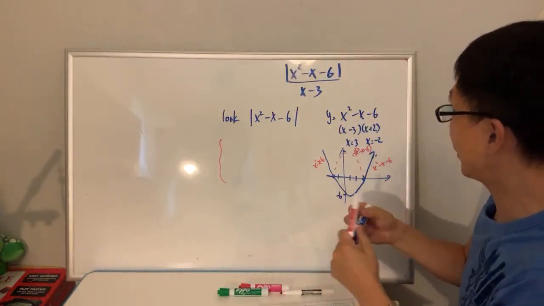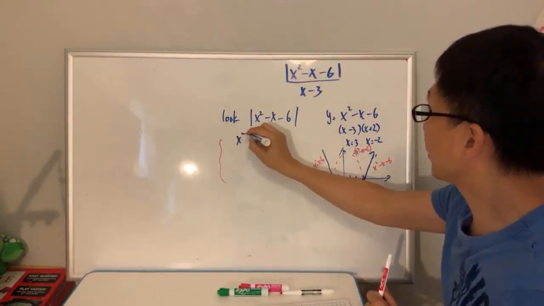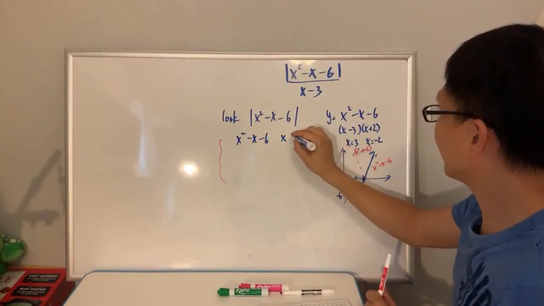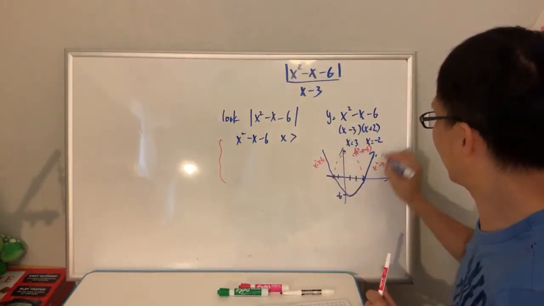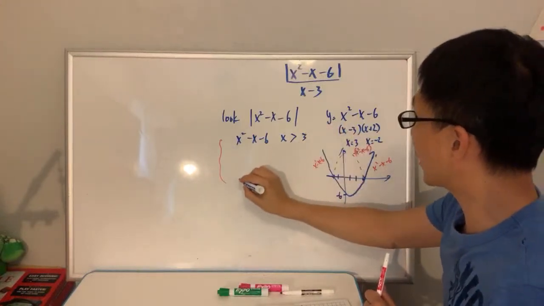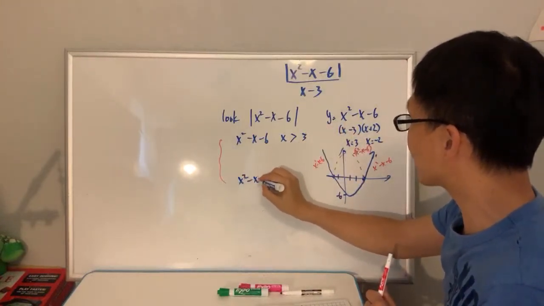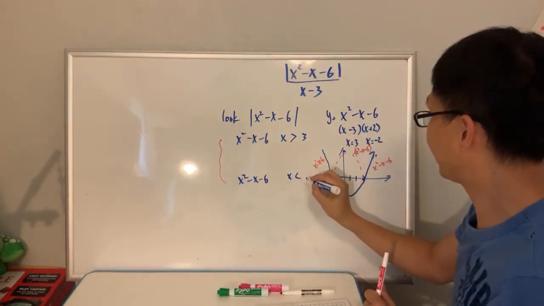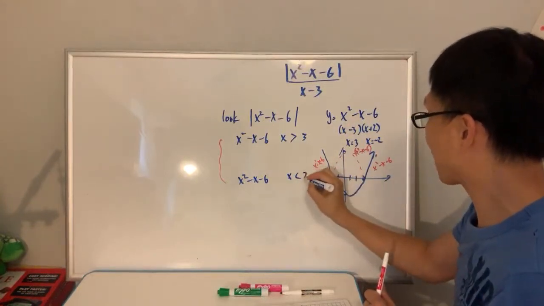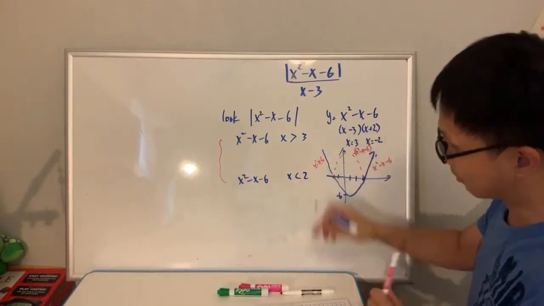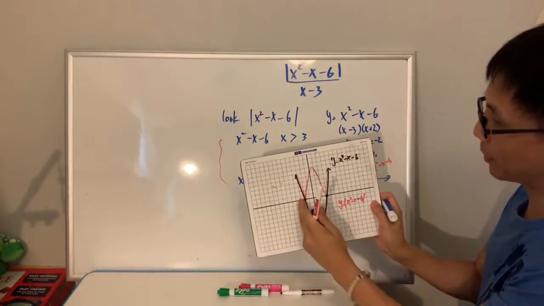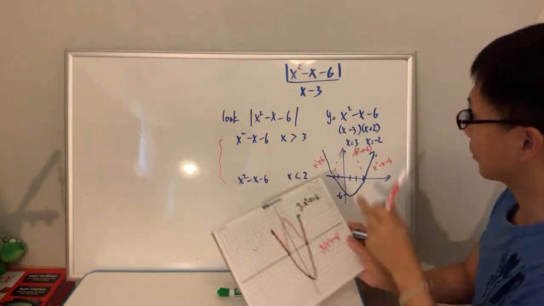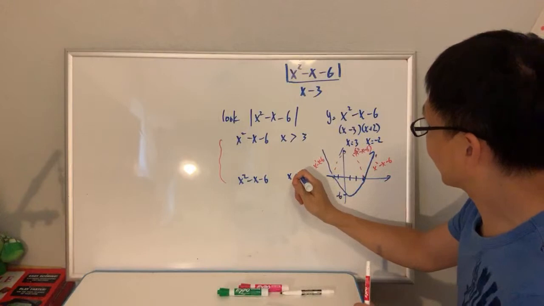The blue is going to be x squared minus x minus 6 when x is greater than 3, and x squared minus x minus 6 when x is less than -2. Because this part here is the blue part, which we just graphed as the black part. The black and red overlap, so they are the same functions when x is less than -2.